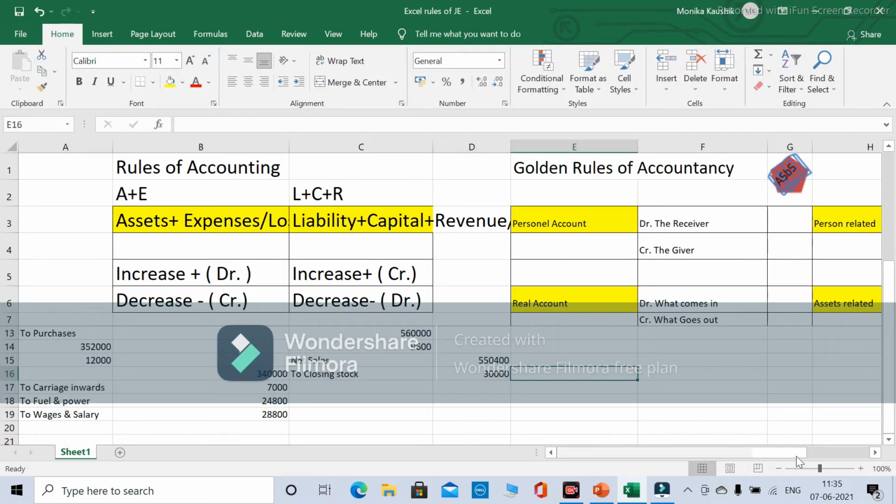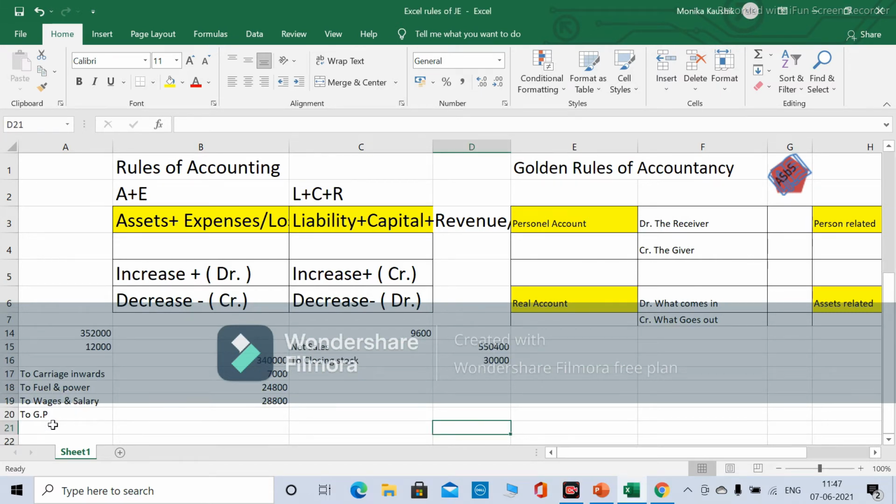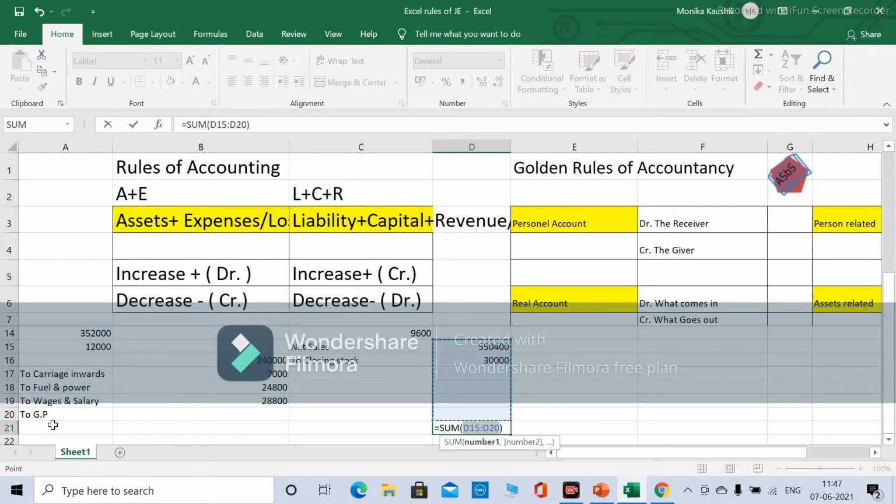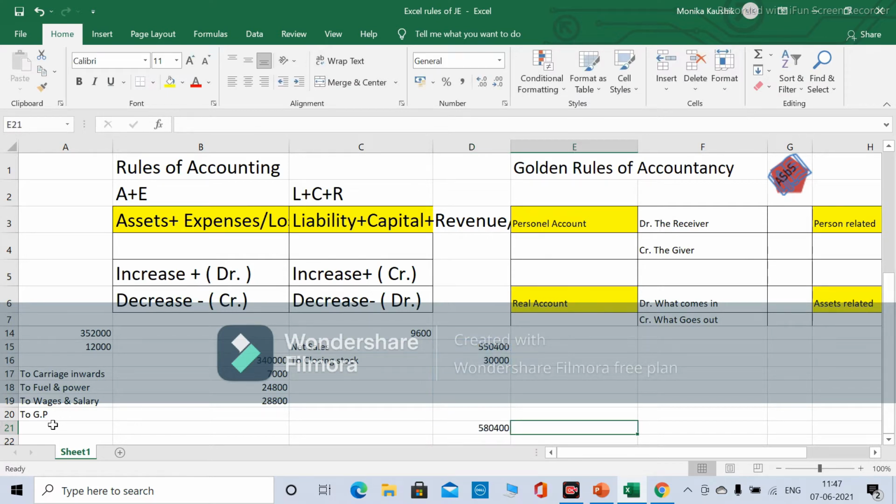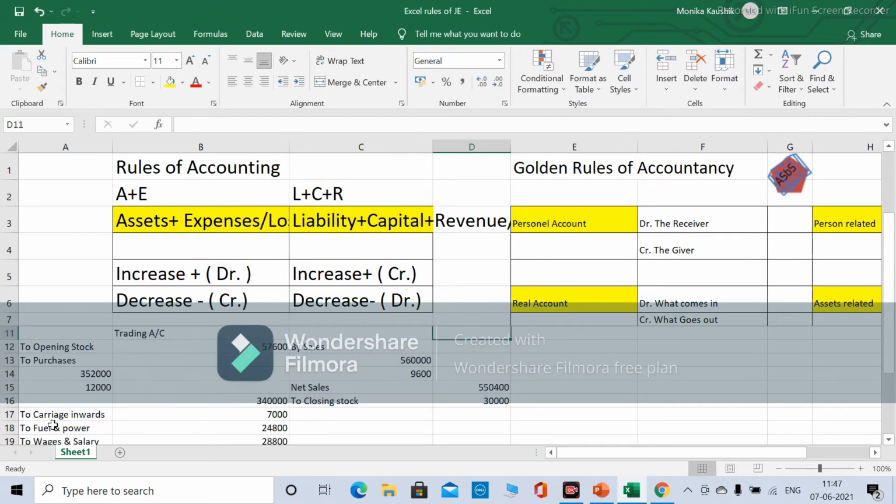Now let's calculate the gross profit. Nothing more is here, right?